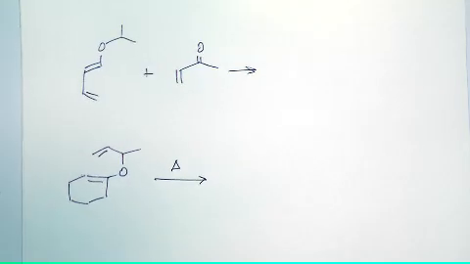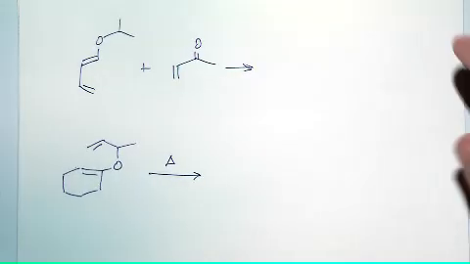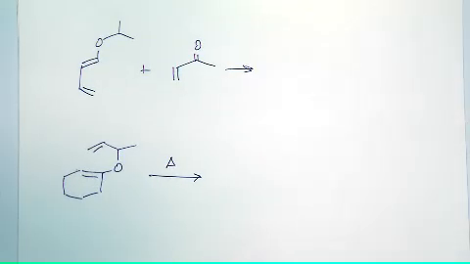Okay, so this one at the top here, that's one I gave you previously. Fortunately, we have a little bit of time left that we can mess with that question. And then at the bottom is a rearrangement of some kind. So predict the products and see if you can identify what kind of rearrangement that one at the bottom is. So the top one is Diels-Alder, and the bottom is a rearrangement.